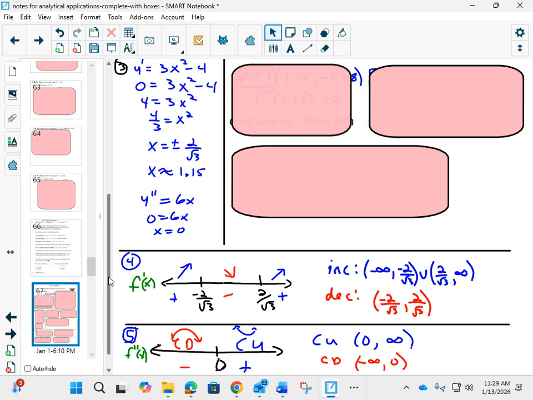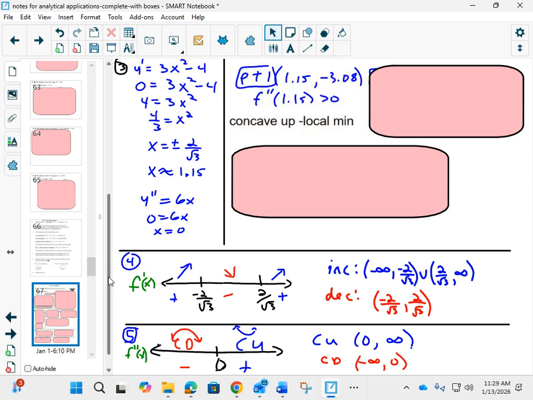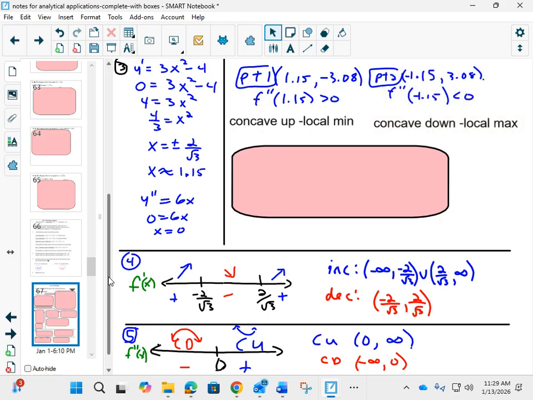So if we want to find the actual coordinates, we have to plug in those values into our calculator. And what I've done here with the values is I've also shown the second derivative test to remind you.